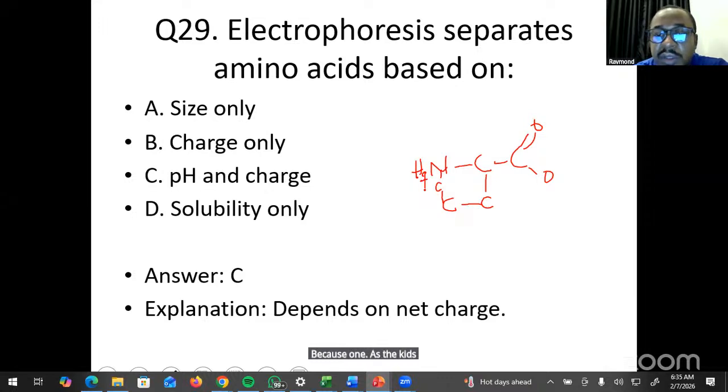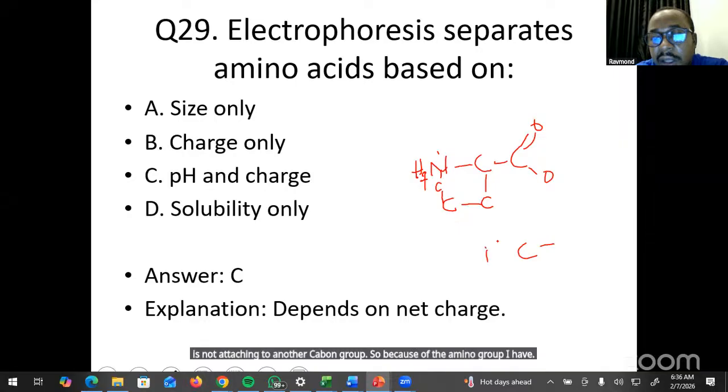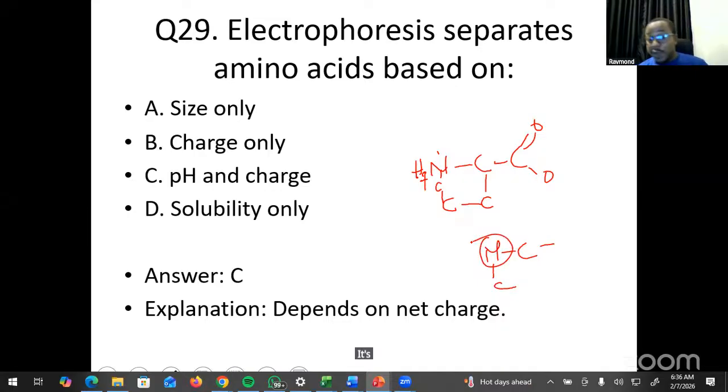So this amino group is now attached to another carbon group. Because the amino group has attachment to this carbon and to another carbon, it becomes a secondary amino group.